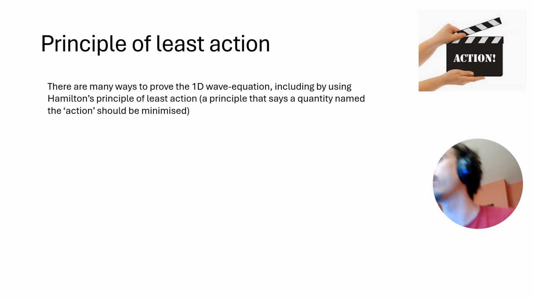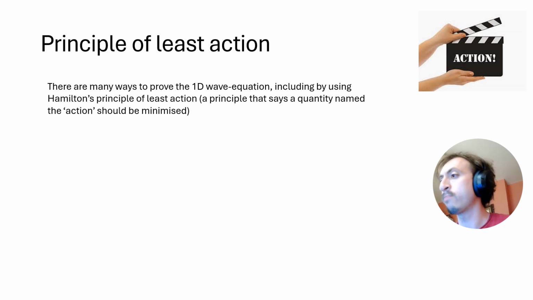So there are many ways we could actually go about trying to work out the equation of motion of a violin string or any one-dimensional object which is free to oscillate. However, one of the most fundamental ways of doing it is using Hamilton's principle of least action.